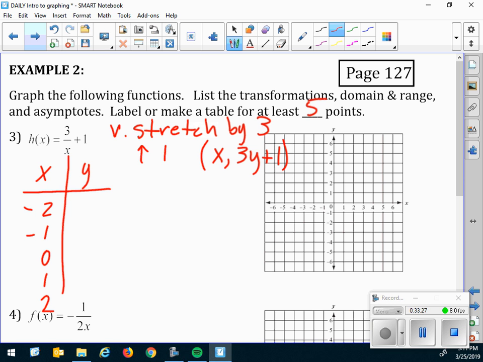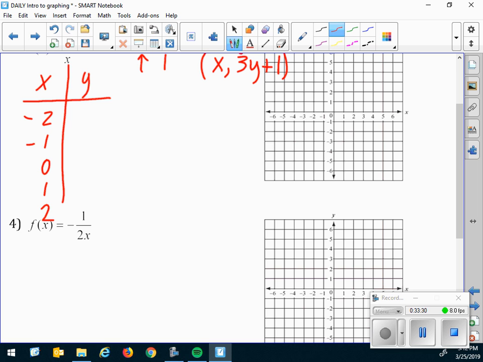So we're just going to use those x values. I should have had you get your calculator, but we'll make it. The y value that did go with -2 was negative a half, times 3. Multiply across. -3 over 2.